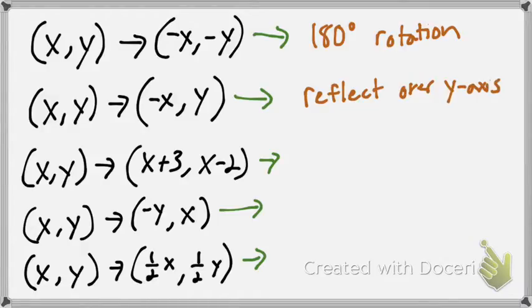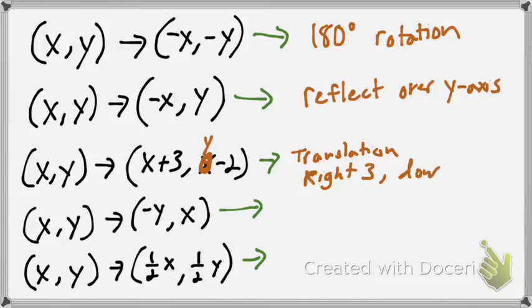For x plus 3 and y minus 2, this is a translation. We're going to go right 3 and down 2. I'm sorry, this is supposed to be a y. So hopefully that didn't mess everybody up.